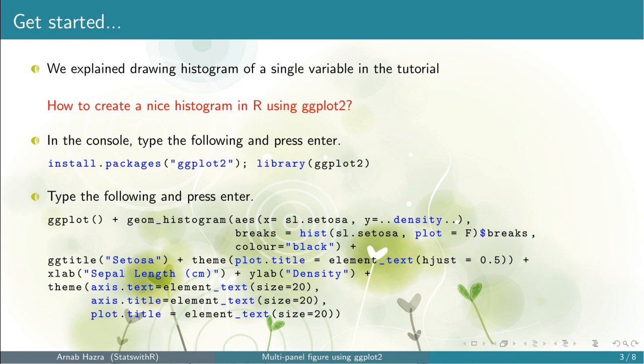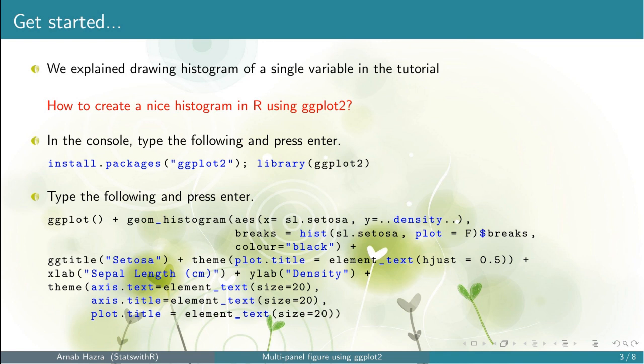This adds the y-axis label. Then theme axis.text equals to element_text size equals to 20. This enlarges the axis texts. Axis.title equals to element_text size equals to 20. This enlarges the axis titles, and plot.title equals to element_text size equals to 20. This enlarges the plot title.